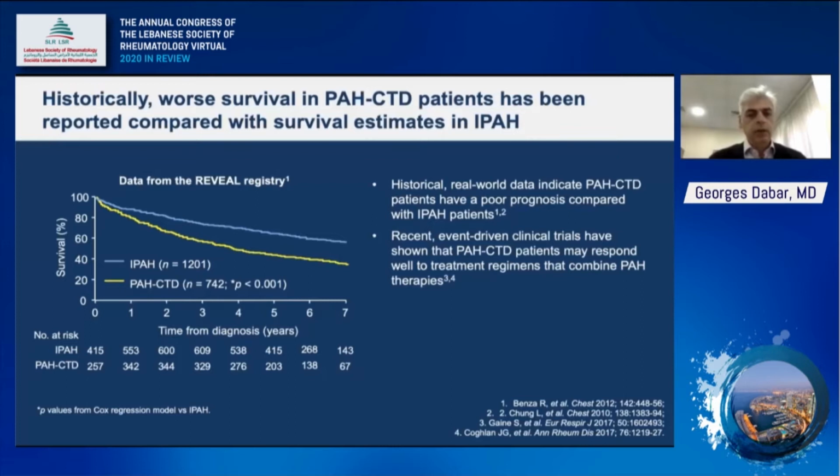Historically, the survival in pulmonary hypertension related to collagen disease or connective tissue disease has been reported to be worse than idiopathic pulmonary hypertension, and this is looking at time for diagnosis in the REVEAL registry for 7 years. You can see that in yellow, the pulmonary hypertension patients with connective tissue disease have a lower survival compared to idiopathic pulmonary arterial hypertension.